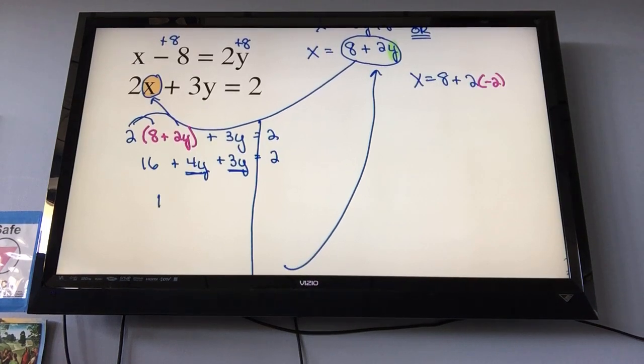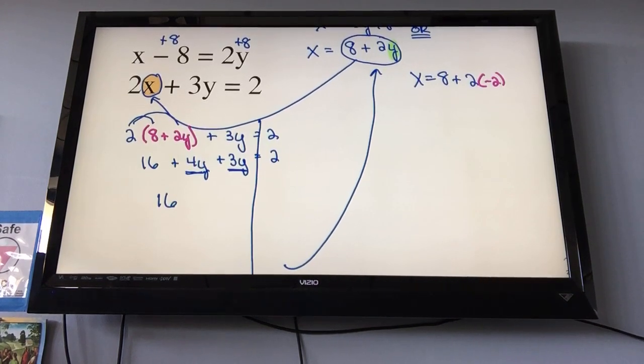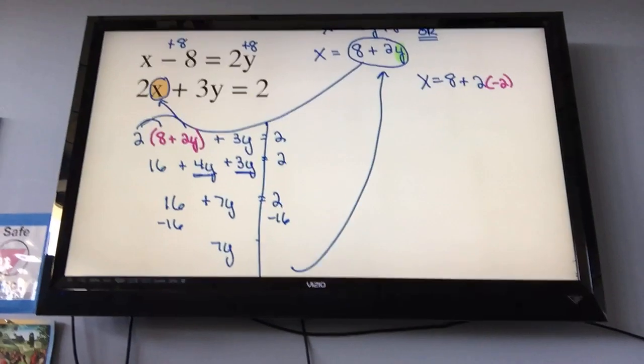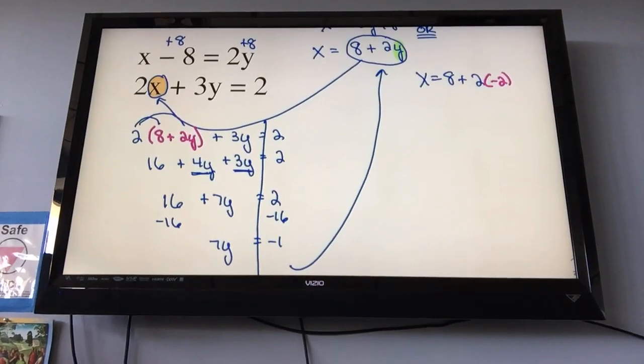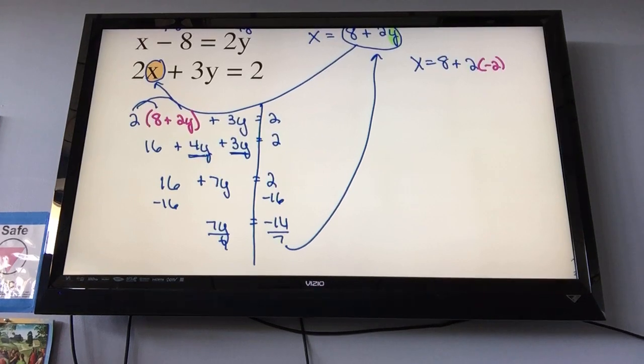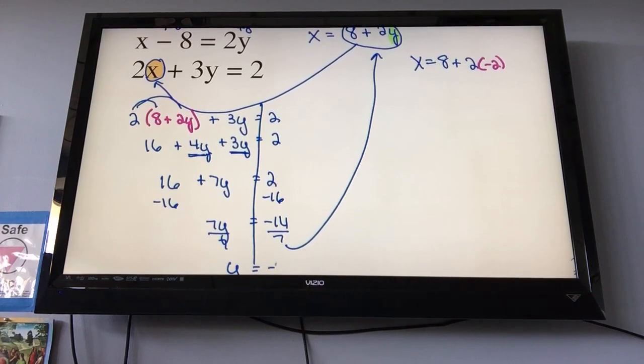So my 16 comes down, and what 4 and 3 give me 7y. I didn't combine the y's, I forgot to throw the y's there. Then I move the 16. So 2 minus 16, negative 14. Then divide by 7. And y is negative 2.